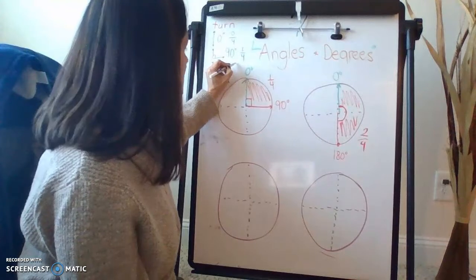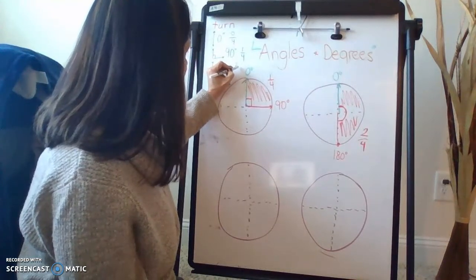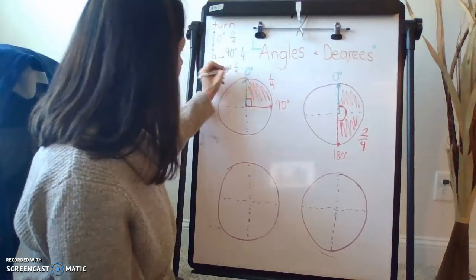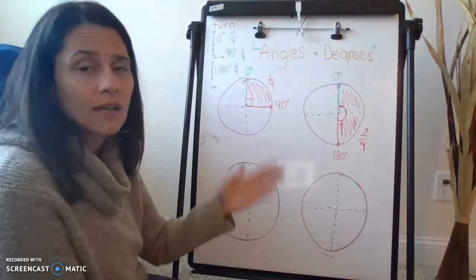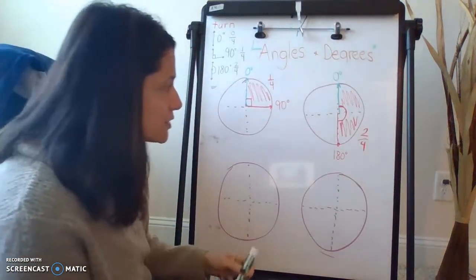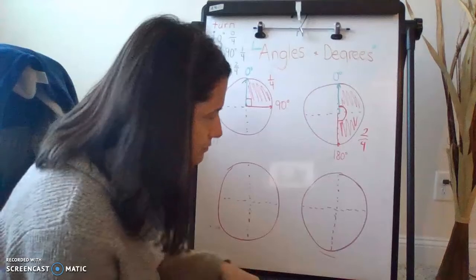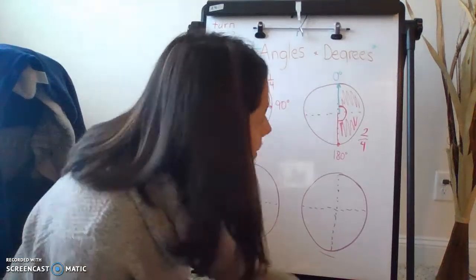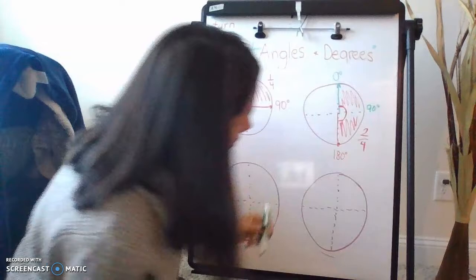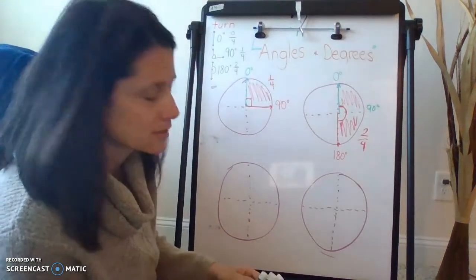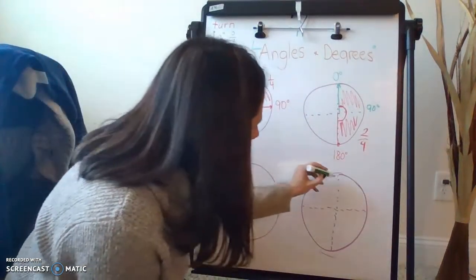So this is 2 turns. I'm running out of room. All right, so let's come over here, and now we've done 2 turns. I'm going to go ahead and write this right here so you can see what we've already passed. So let's go our 3 turns.